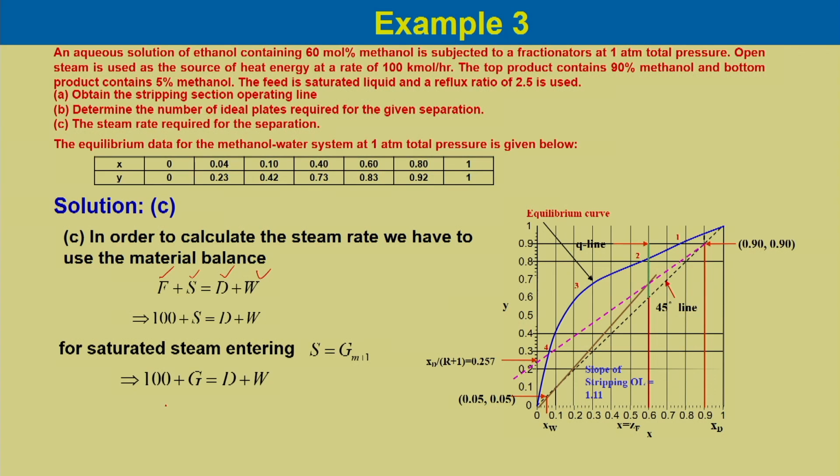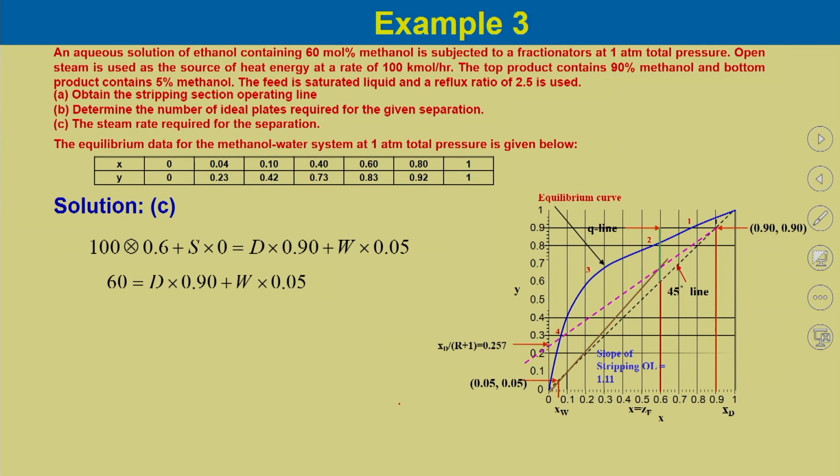If we consider the species mole balance, it is 100 times ZF, that is 0.6, plus S times 0, since the steam does not contain any solute, equals D times 0.9 plus W times 0.05.